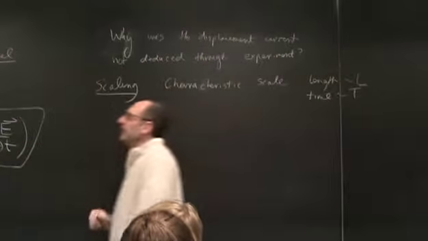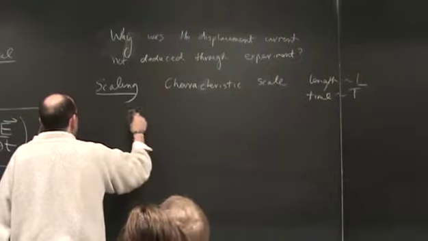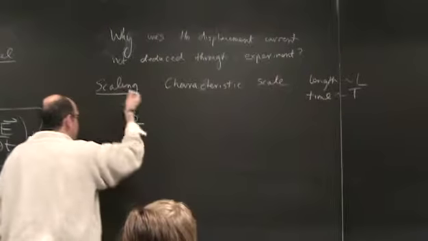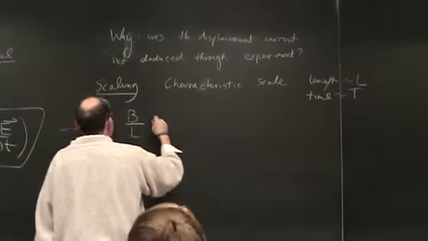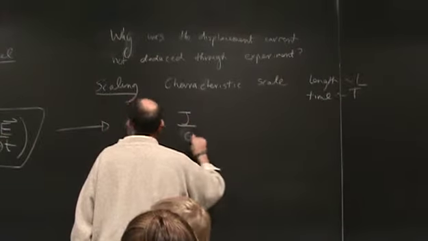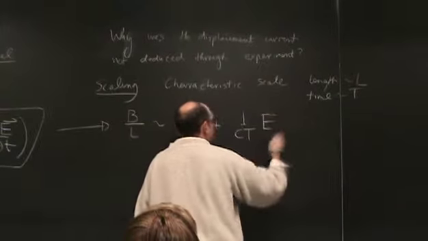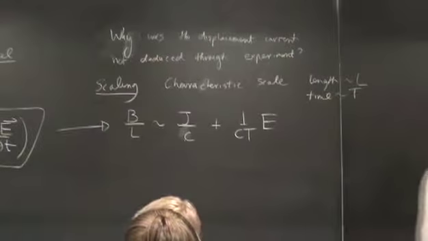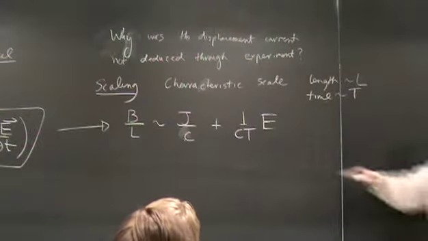There's this derivative: B over L, the characteristic strength of the magnetic field over L, goes like whatever the current is, over c, plus 1 over c times the characteristic time derivative of E. That's just like the high school physics version of this equation.